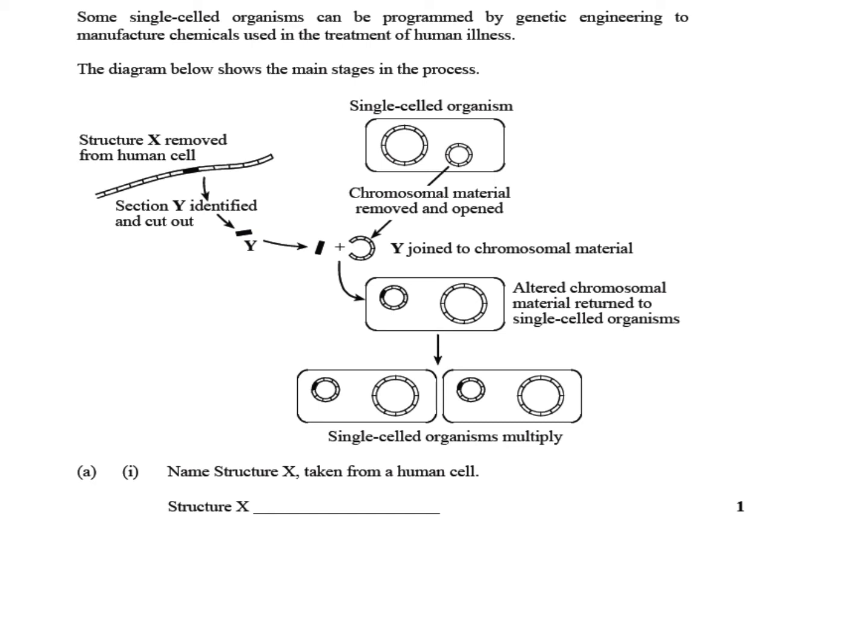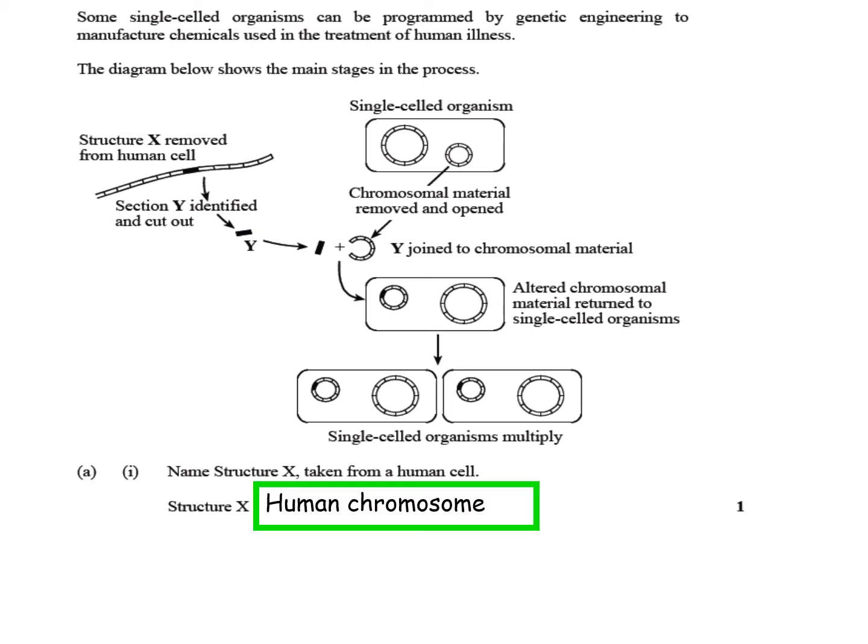So name structure X taken from a human cell. That is your human chromosome. From what chemical is section Y made? Section Y is identified and cut out from the chromosome.